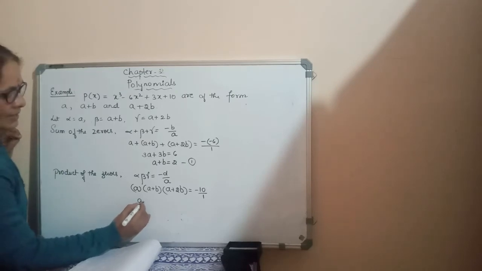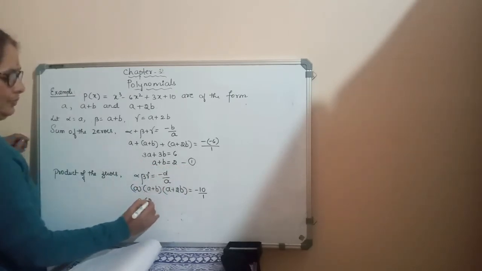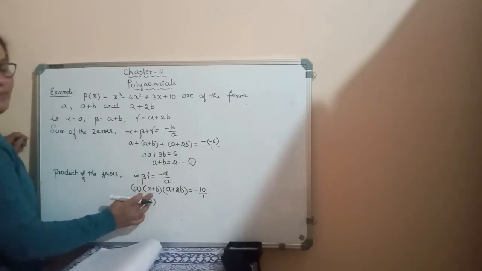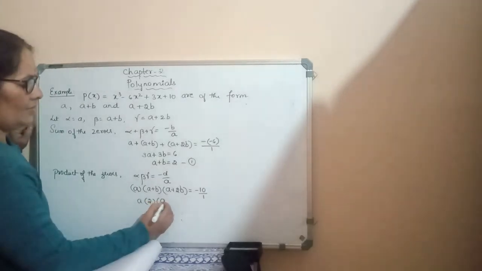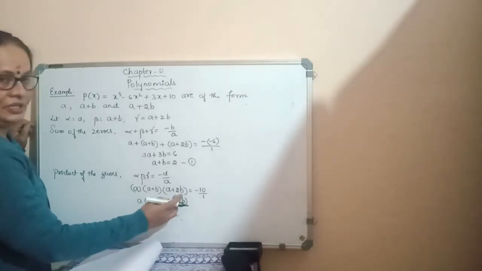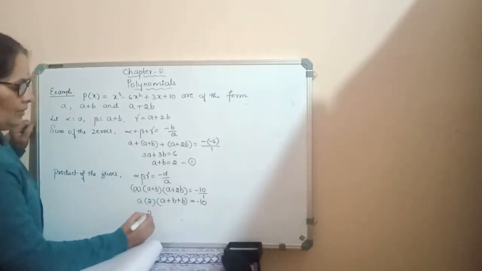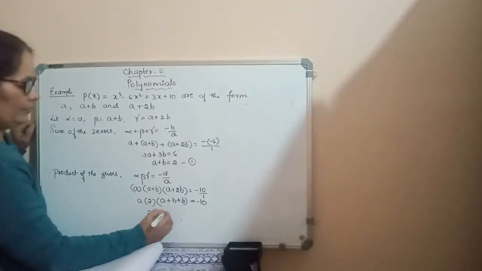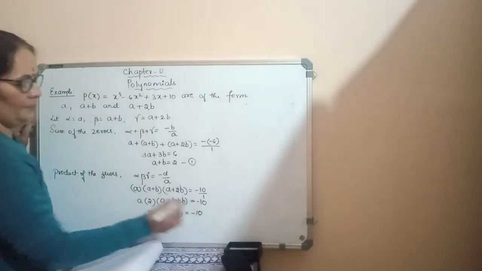Now a into a plus b, which is 2. I will substitute equation 1 in place of a plus b. Then a plus 2b you can write as a plus b plus b, right? So a plus b plus b gives 2 plus b. So 2a into 2 plus b equals minus 10.